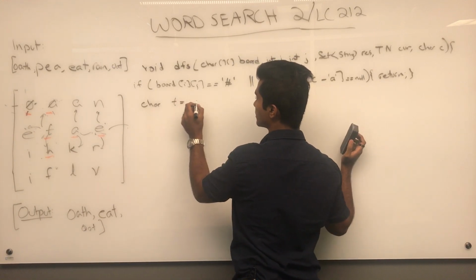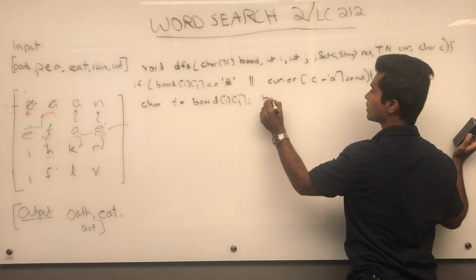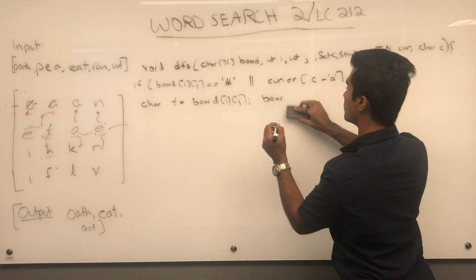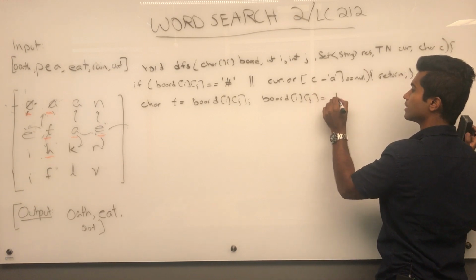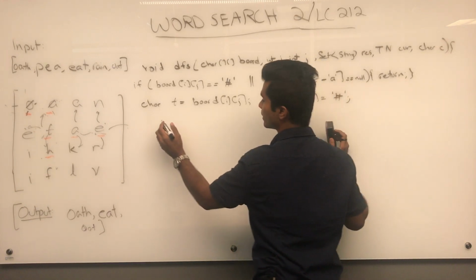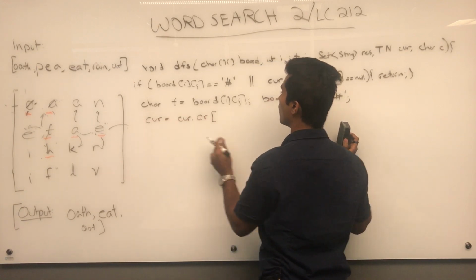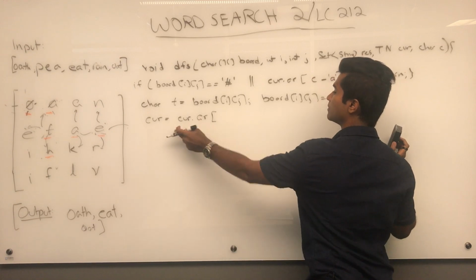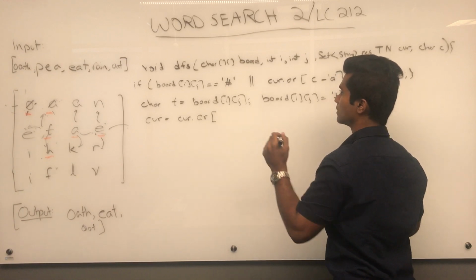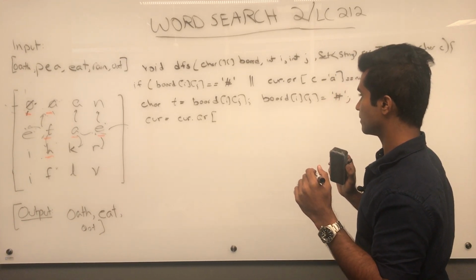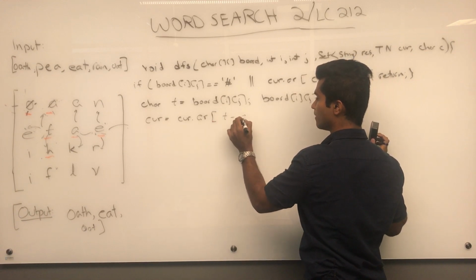Character t is extracted from board of i of j, and then board of i of j is going to be set to the hashtag, and then we can now say cur is going to be set to cur dot arr of t minus a.